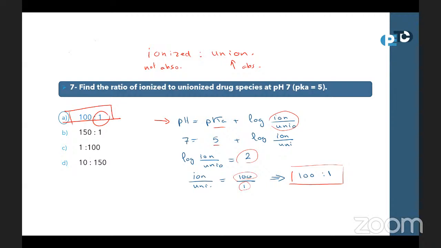For any drug to be absorbed, it should be in the following form: either non-polar, lipophilic, or lipid soluble, unionized.